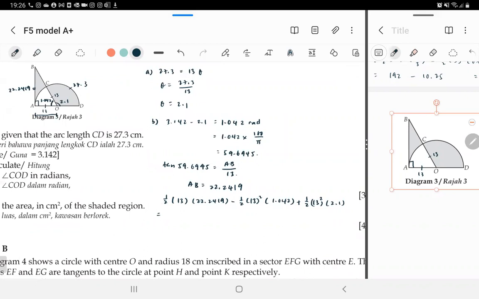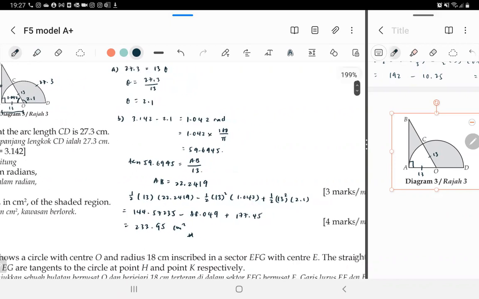So for part B, you should get 200 something. 233.95. Do you get something like this?